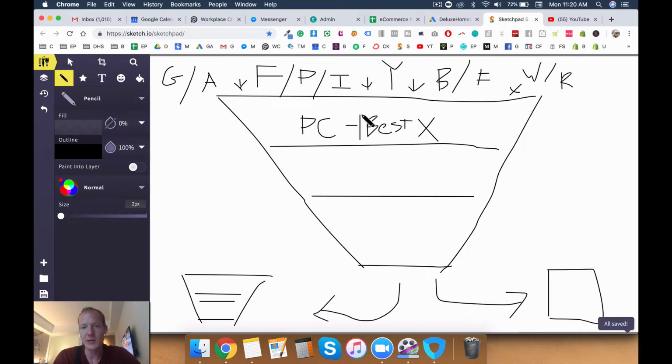Best X is the keyword that you're going to be targeting for product categories, because people type into Google best electric fireplace, best bathtub, best infrared sauna, and what they want to know is number one, what is the infrared sauna? Number two, what brands are out there and what the website recommends, what are people buying and stuff like that. So this is the product category level.